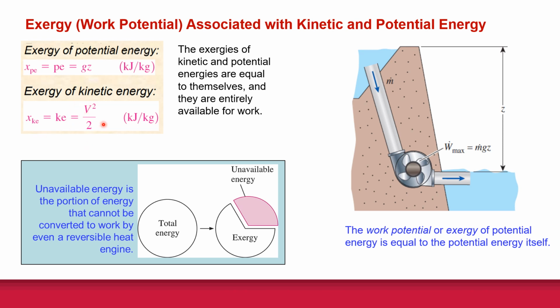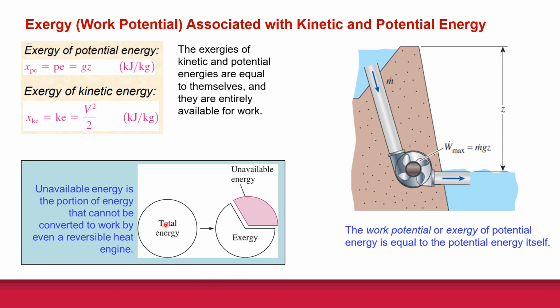So remember, in the case of kinetic energy, it's not 1/2 mv squared, it's 1/2 v squared, because this is per kilogram. You have to remember that our book uses those units. Of course, if you know what the mass is, it's easy to get the kinetic or potential energy. You just have to multiply either of these terms by the mass.